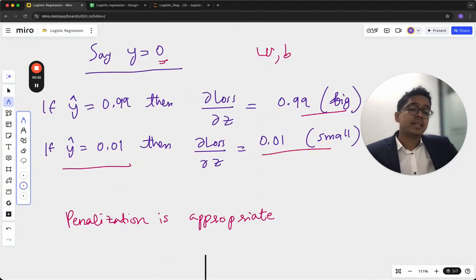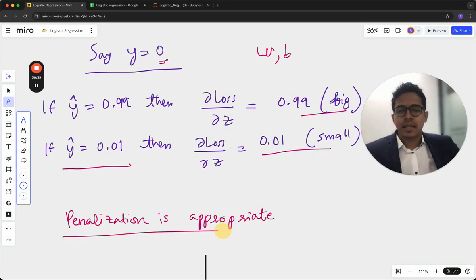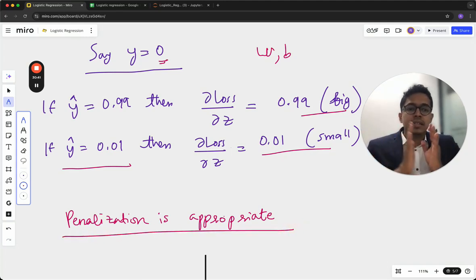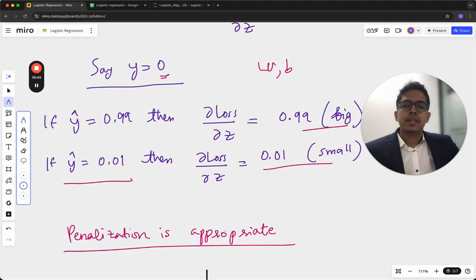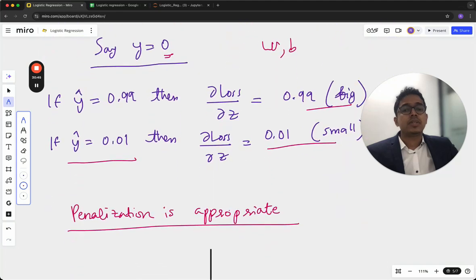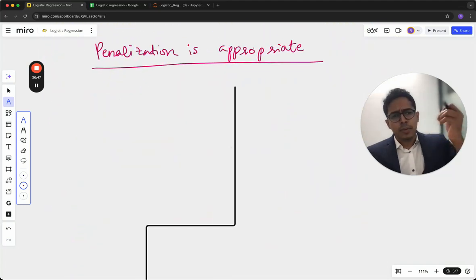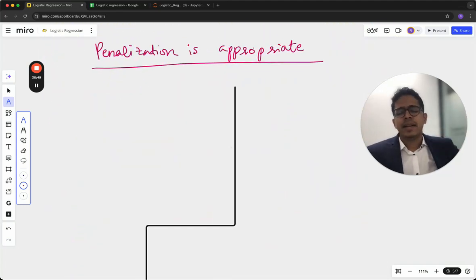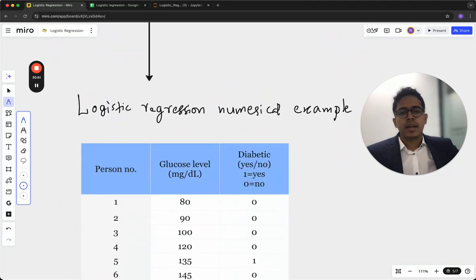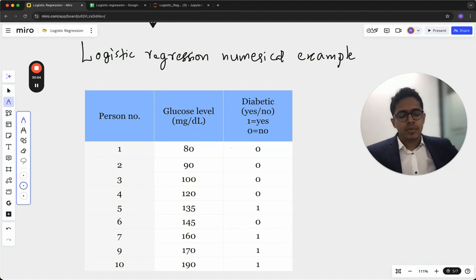You're not penalizing the parameters too much to push them to change. So the penalization is appropriate and there is no vanishing gradient problem. This is the reason why cross entropy loss is used in problems like classification, especially in logistic regression.